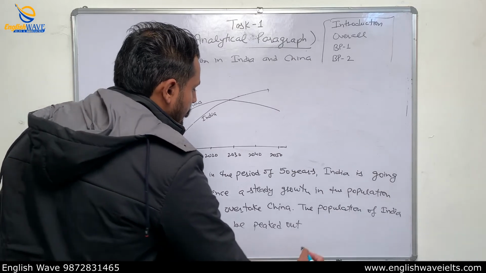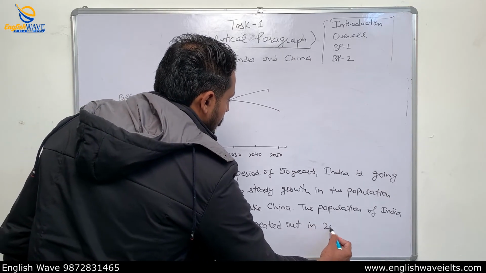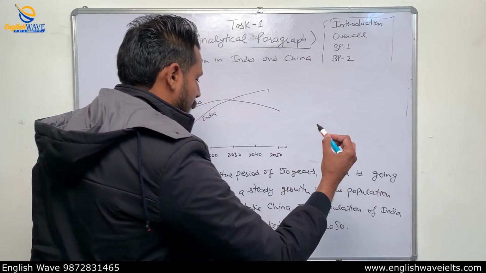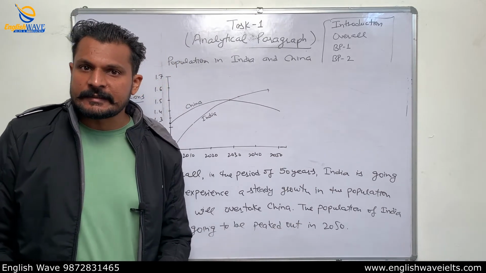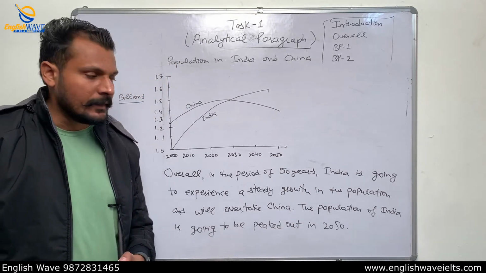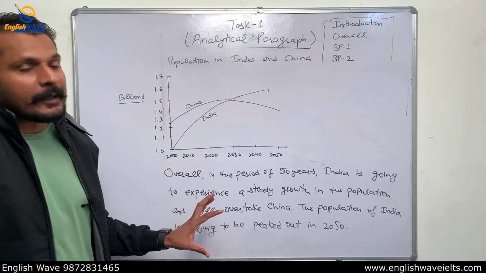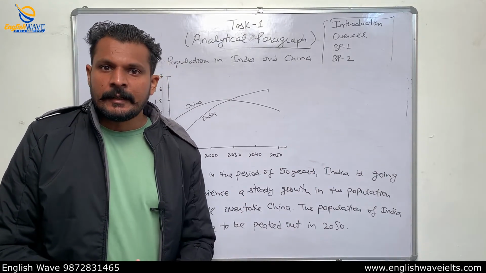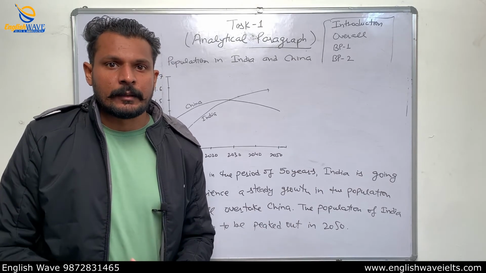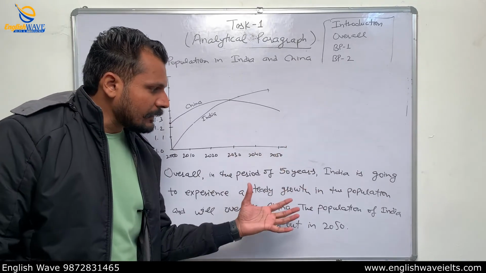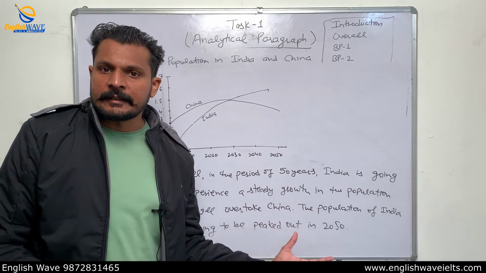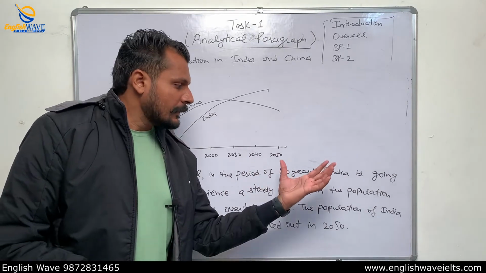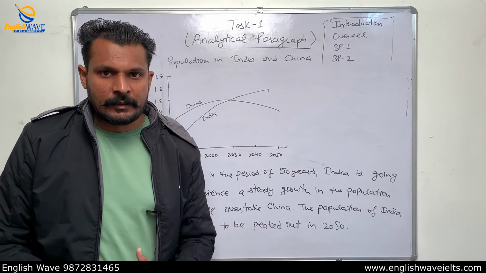Peaked out in 2050. So this is how the overall is written, and this is just one example of the overall. There might be some confusions while writing this. These confusions will be overcome while practicing the graph or while reading the sample answers of this.